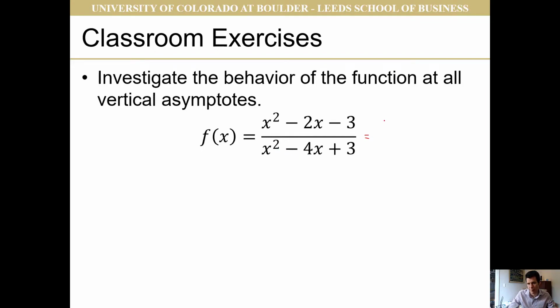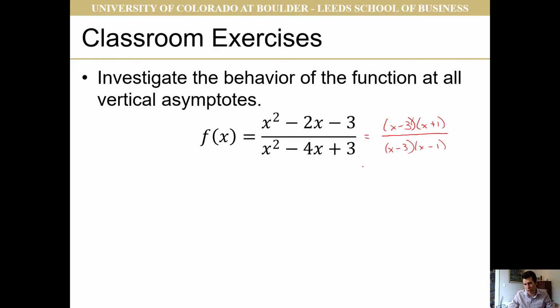So this is (x minus 3) times (x plus 1), and the denominator is (x minus 3) times (x minus 1).